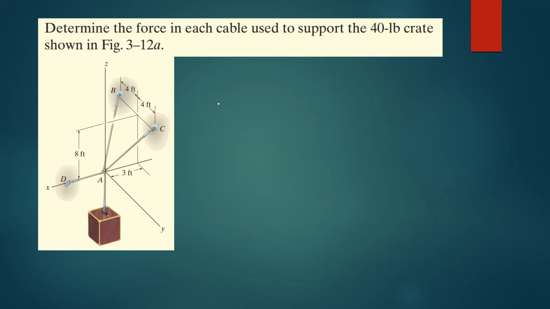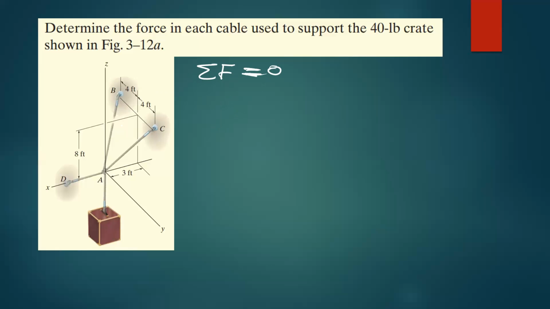We are also going to use the same equation, which is the summation of forces. The summation of forces should be equal to 0 because the crate is in equilibrium. Having been given the positions of these cables, what we need to find is the unit vectors.